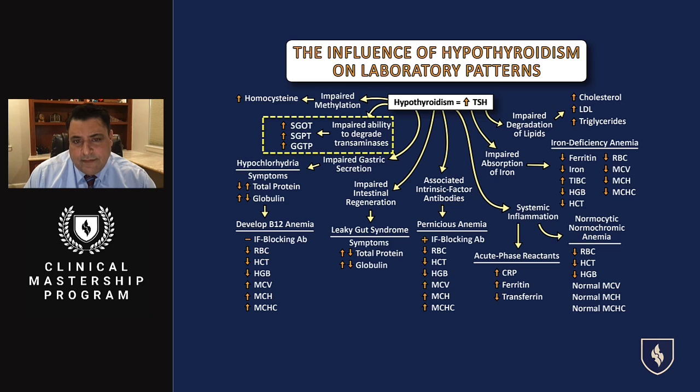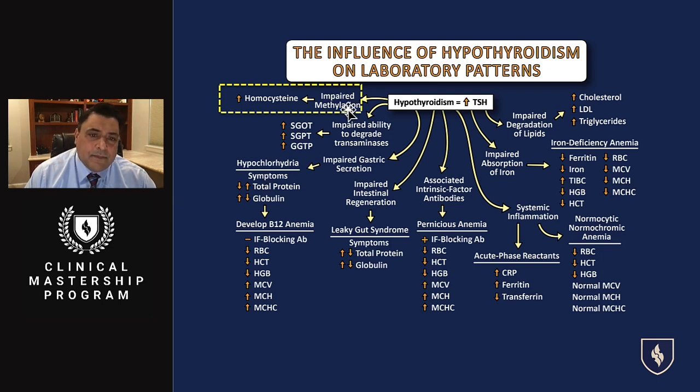Now, another mechanism that can also take place in hypothyroidism is elevated homocysteine. And the process of methylation, which transfers methyl groups from homocysteine down to cysteine, down to cystine, requires metabolic rate that thyroid hormones are involved with.